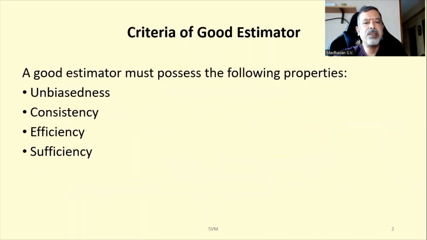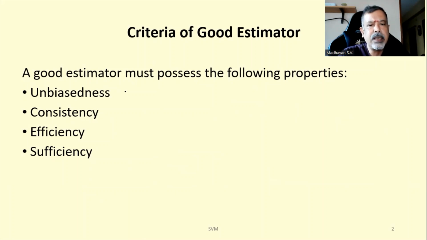Criteria for a good estimator. A good estimator must possess the following properties. The first one is unbiasedness. Unbiasedness means, suppose I consider theta as the population parameter and theta bar as the sample estimate.